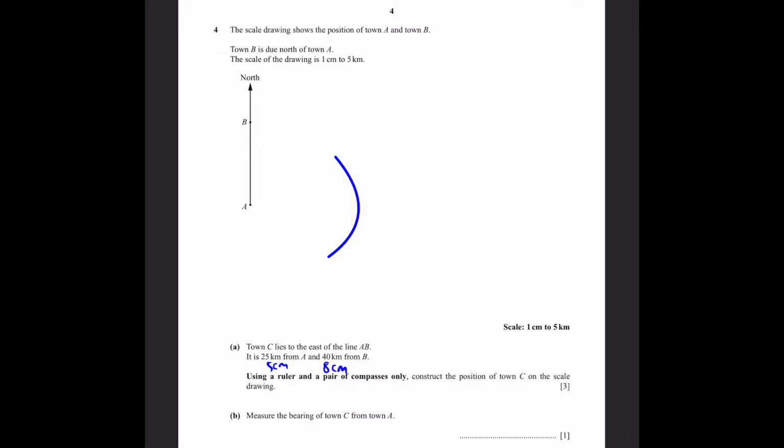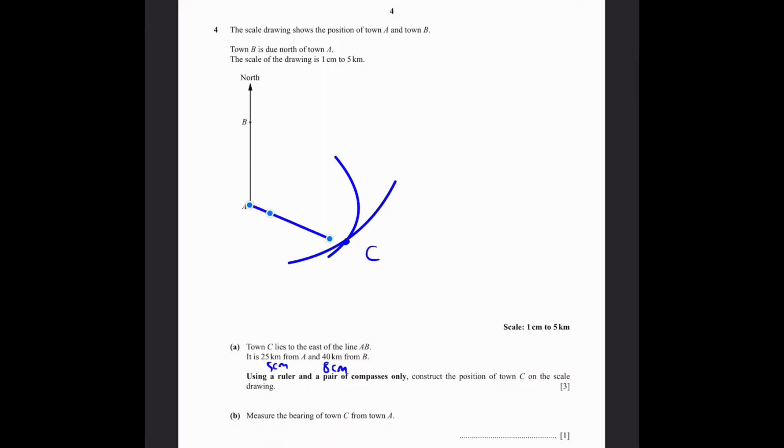And now for B, 8 centimeters we have to take, so we place the compass point here, and for 8 centimeters, it goes something like this. Actually, it'll be a bit below that, somewhere here, and this intersection point over here is the position of town C, and that's labeled.